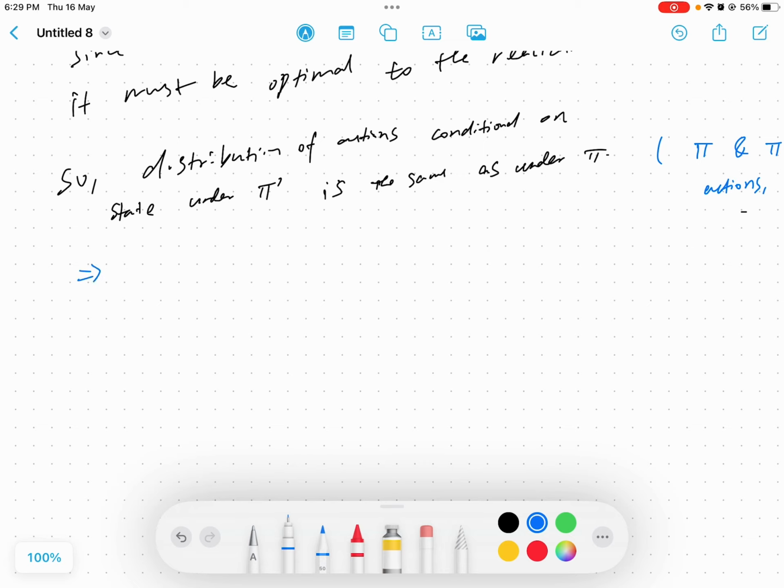So finally, there exists a straightforward signal with v star as well, okay?